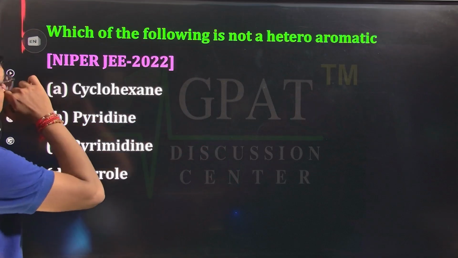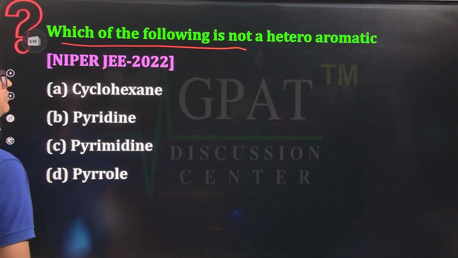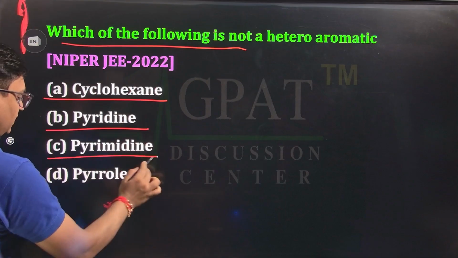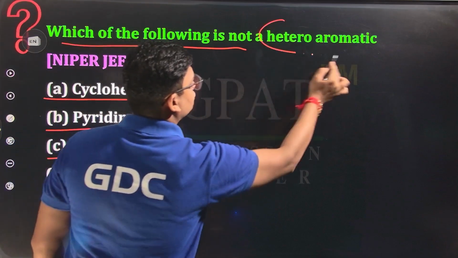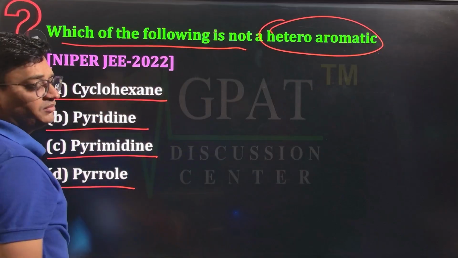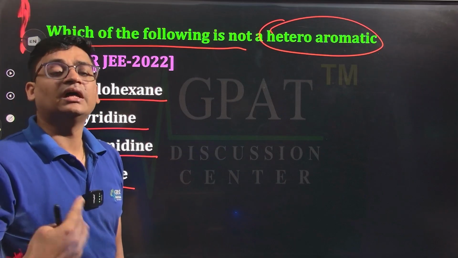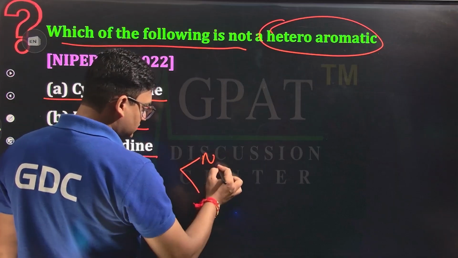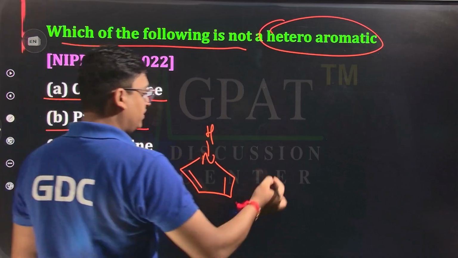C will be non-aromatic. Which of the following is not a heteroaromatic compound? Cyclohexane, pyridine, pyrimidine or pyrrole. You are asked about heteroaromatic. Heteroaromatic means the ring has at least one atom other than carbon. What about pyrrole? We are having pyrrole as this one. What about pyrimidine?